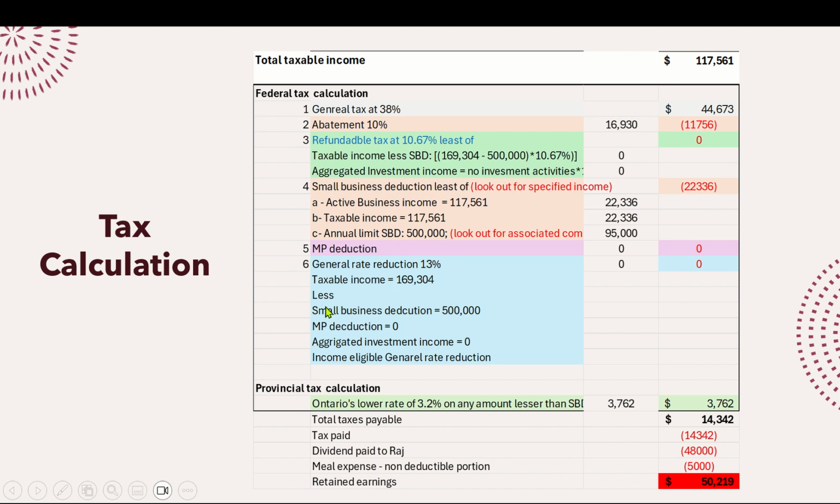I want to make sure that you have a taxable number that is really high, right? Because to claim that, it has to qualify. So in this case, it doesn't qualify.